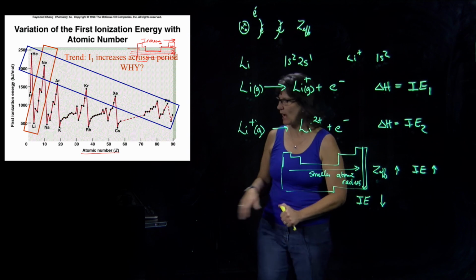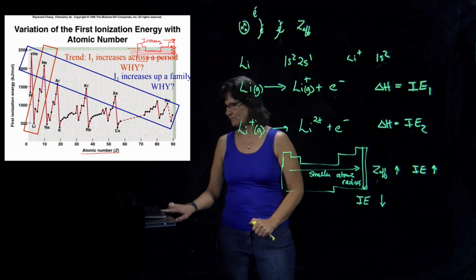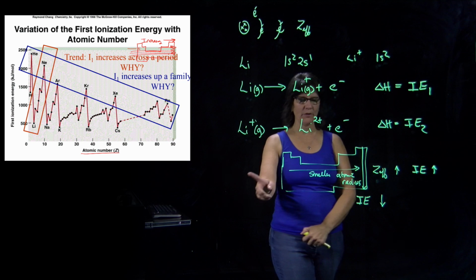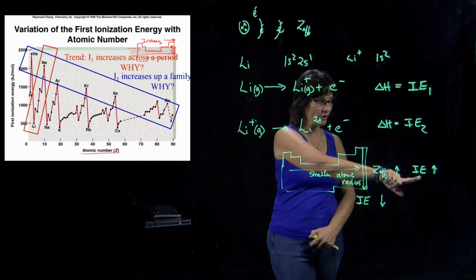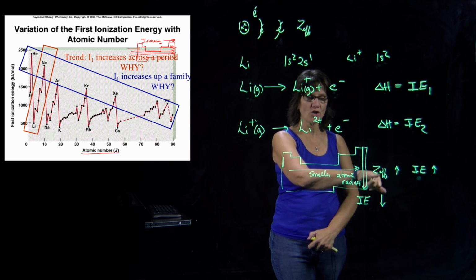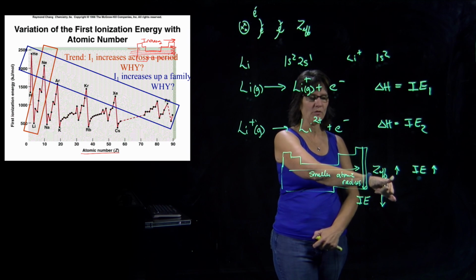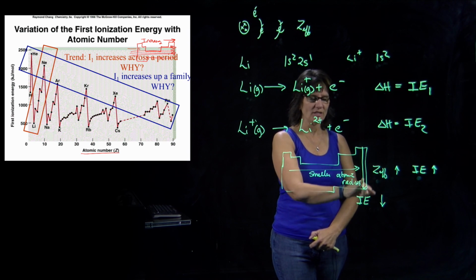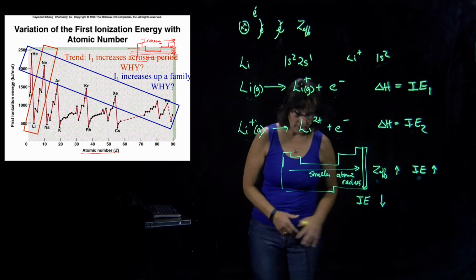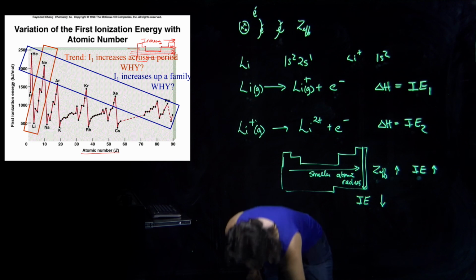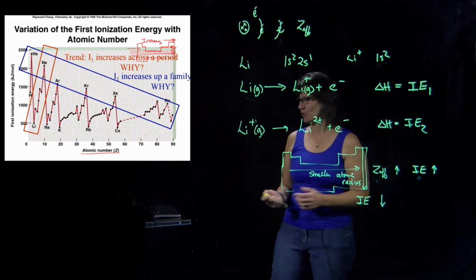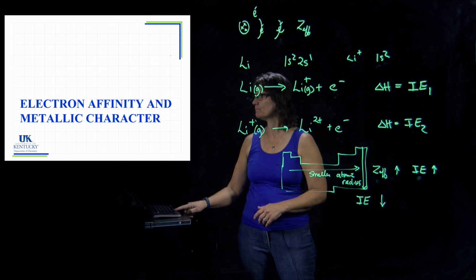So that is our general trend of why it is increasing across the period. Ionization energy is increasing across the period because the effective nuclear charge is increasing. It's harder to remove an electron. Ionization energy is decreasing as we go down a group because the atom is getting larger. Getting larger as we go down, it's easier to pull off the electrons.